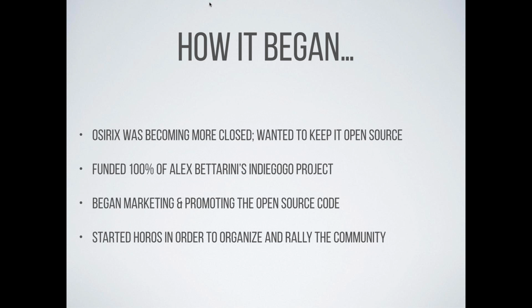You need things like marketing. You need things like resources to run websites and manage Google communities. And you need to be able to build systems around the source code so that other people can participate. And that's really why we put a significant emphasis on starting Horos.